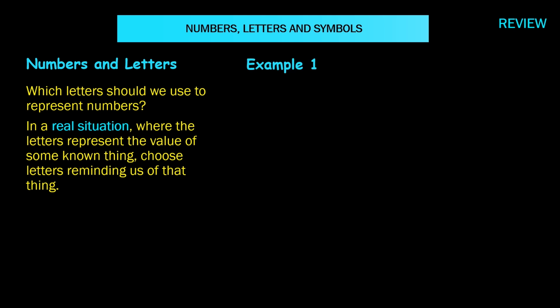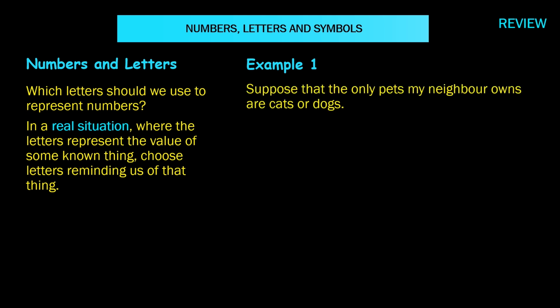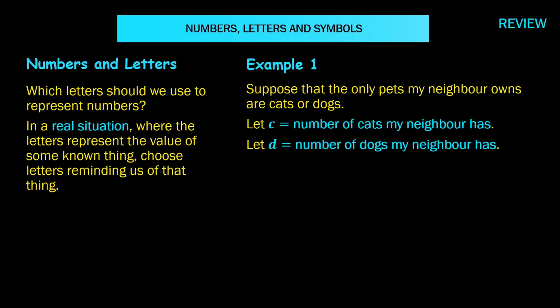Let's now take a look at a more involved example. Suppose that the only pets my neighbour owns are cats or dogs. Let C equal the number of cats my neighbour has, and let D equal the number of dogs my neighbour has.